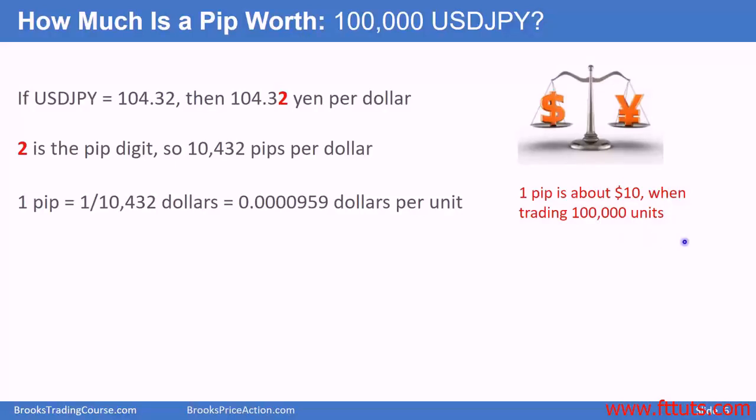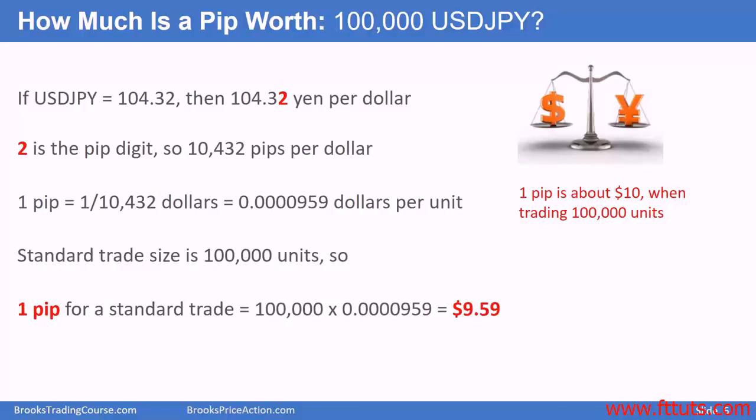If you're trading 100,000 units, one pip is about $10. Standard trade size, 100,000 units, and one pip is 100,000 times that decimal, and it comes out to $9.59, or about $10. So in general, if you're trading 100,000 units, I always think of one pip as being about $10.